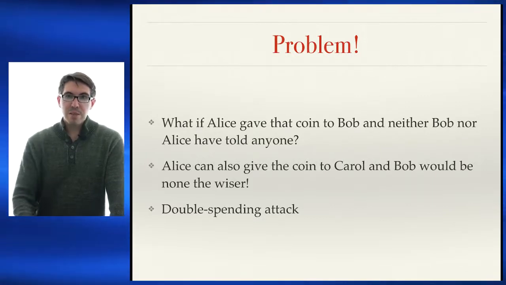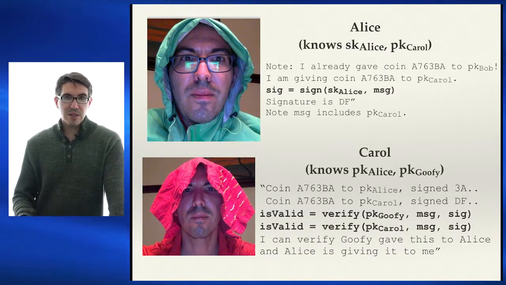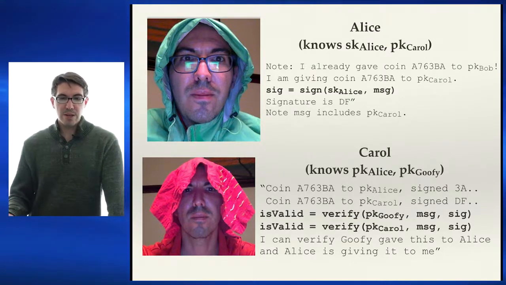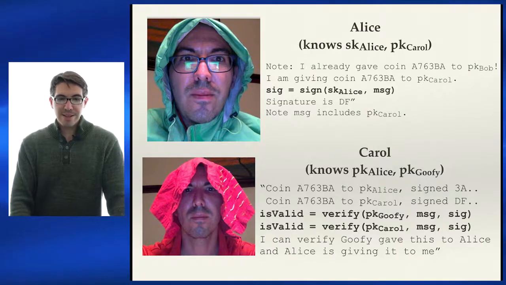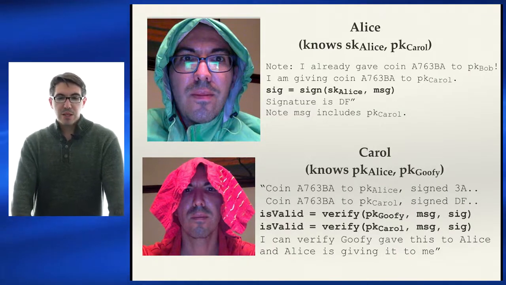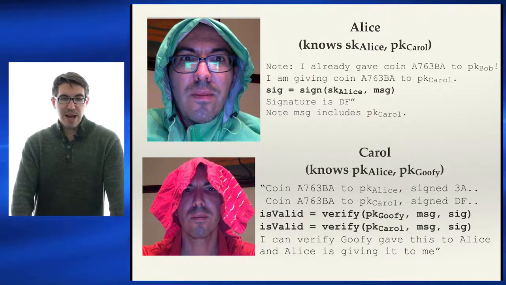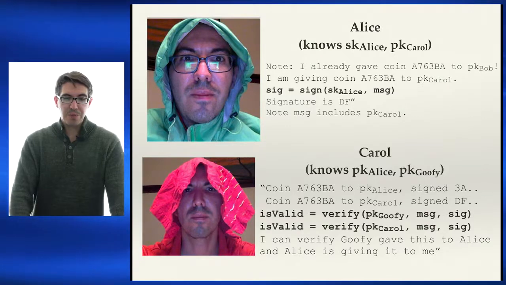So why? Because let's think about how this would work. Alice, who's already given the coin away to Bob, but Bob hasn't told anyone yet. It hasn't been published. So Alice goes to Carol and says, hey, I'll give you a Goofy coin for some ice cream. So Alice generates a signature, makes a transaction, shows it to Carol.